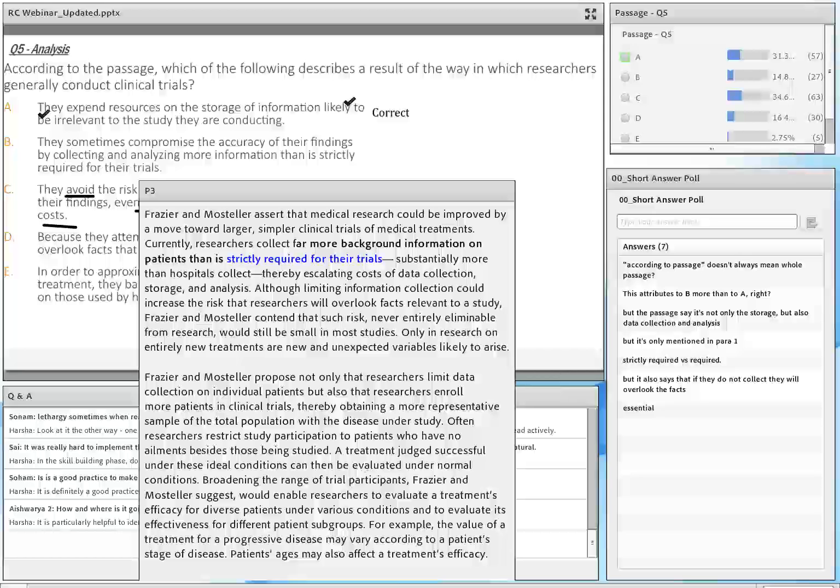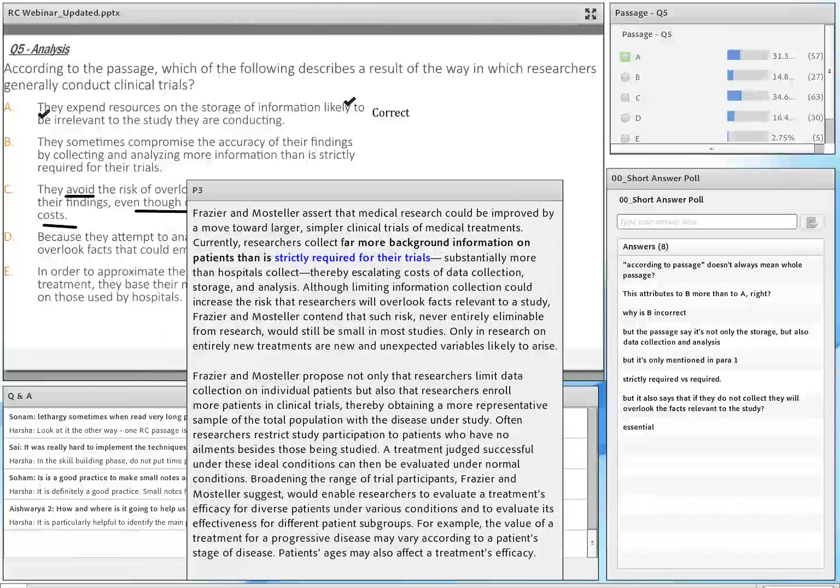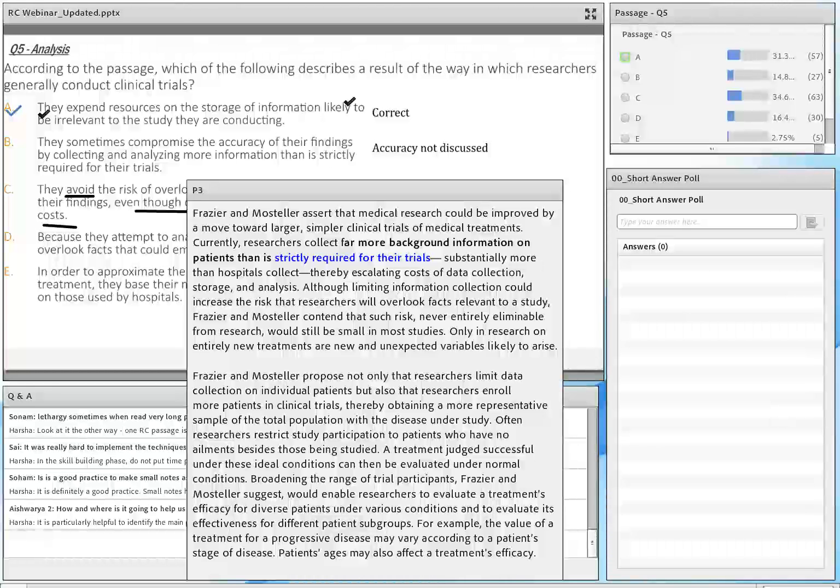What is B? They sometimes compromise the accuracy of their findings by collecting and analyzing more information than is strictly required. No, how do they compromise the accuracy of findings? Where is accuracy of findings discussed?